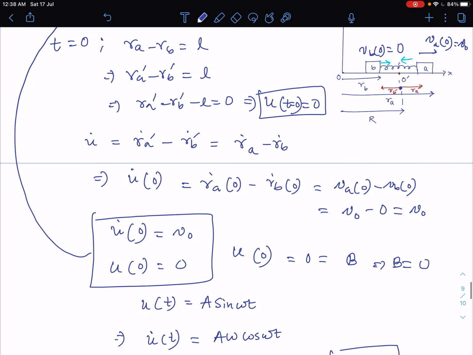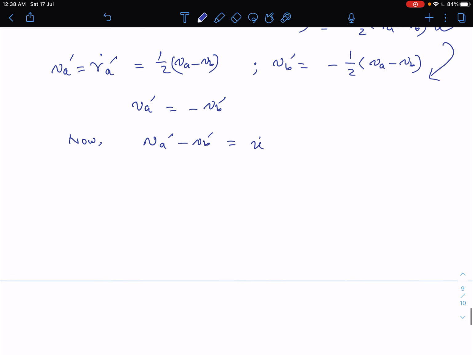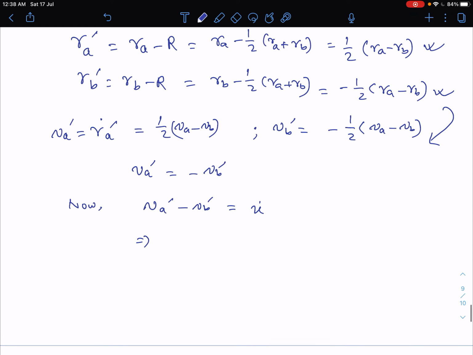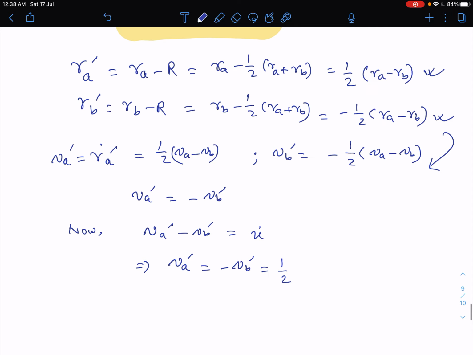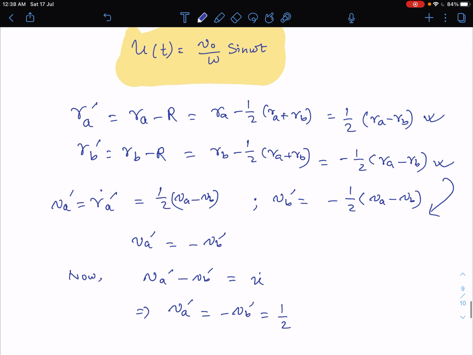So this relation. Now since VA prime is minus VB prime, that means VA prime is minus VB prime, is just half of that U dot expression, U in terms of time we know.